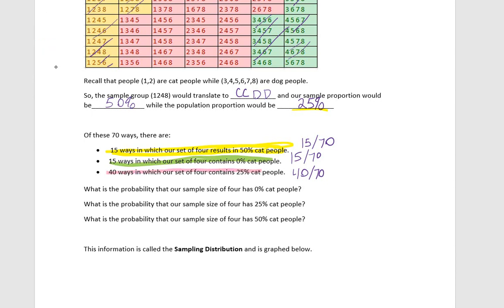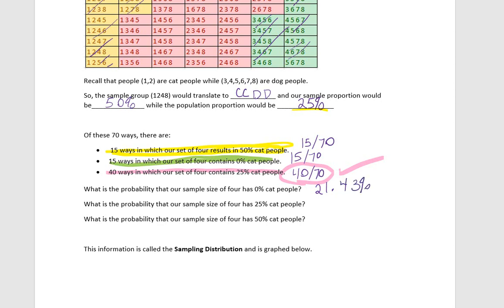However, this last one, hey, there's 40 ways in which we can get a set of 4 that contains 25% cat people. That's good, because that would be a good representation of the actual population. So, the probability that our sample would have 0 cat people is roughly, I'm just going to round to 2 decimal places, about 21.43%.